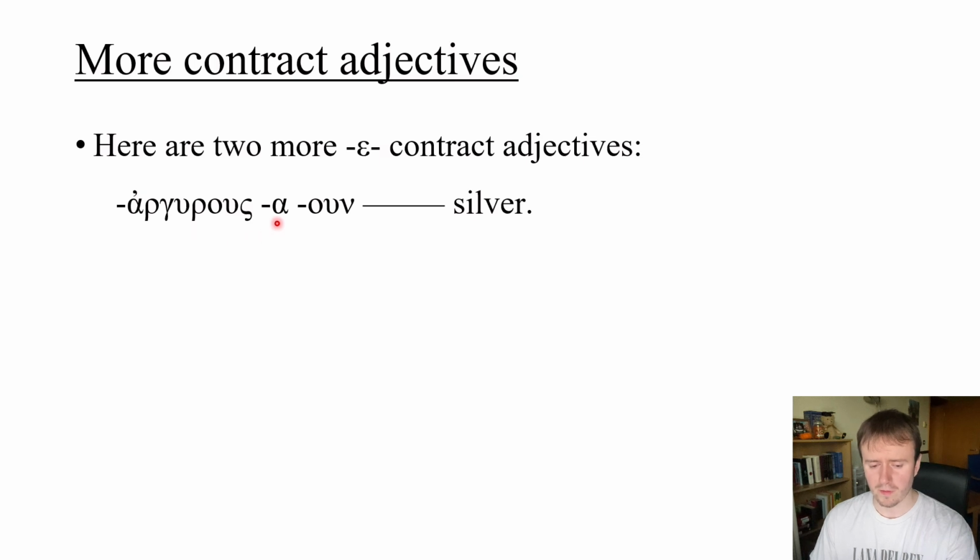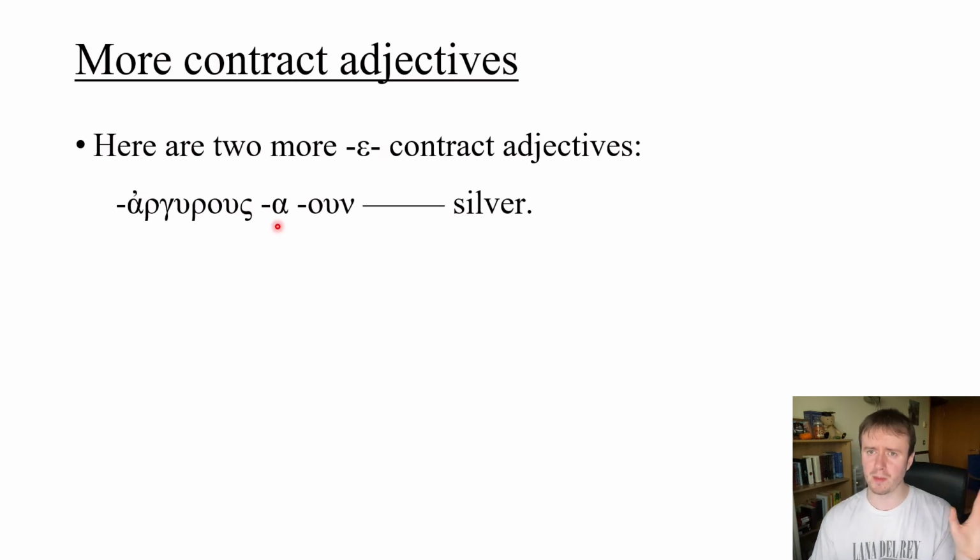So the feminine form would actually be argurea, and you might think, well, why doesn't that make a form ending in eta? That is because if the epsilon has a rho before it, then the resulting vowel is alpha rather than eta. Okay? The fact that it's got a rho before it means that we have alpha here rather than eta.